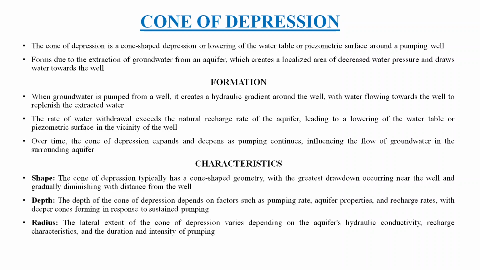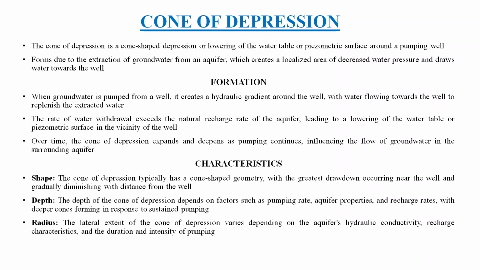So, it has a very characteristic shape. It looks like a conical surface. The depth of the cone of depression depends on factors such as pumping rate, aquifer properties, and how fast or how slowly it is getting recharged, and the radius, the lateral extent of how big your cone of depression is.